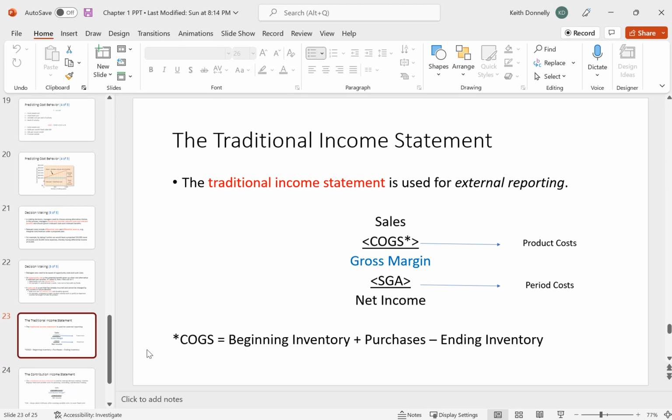It would be broken out a little bit further than this. But to truncate it, you would have your sales minus your cost of goods sold, namely your product costs, gives you your gross margin. Then you would back out your SG&A, things like your period costs, and that would get you to your net income, right? So this is maybe an equivalent of what you learned in financial.